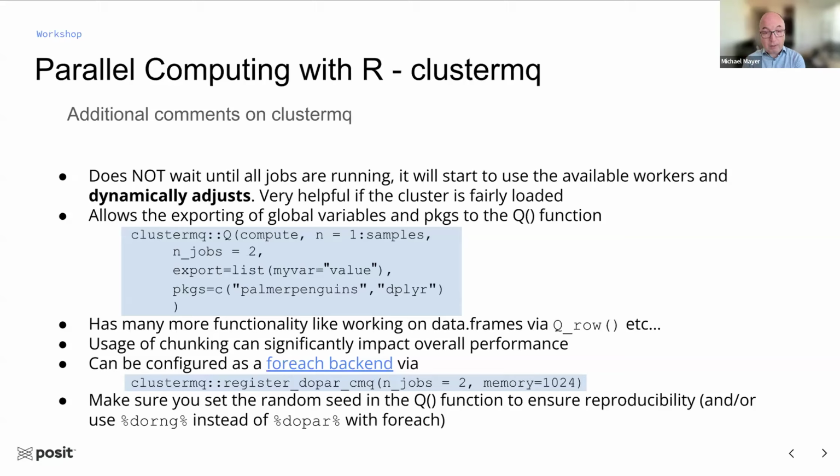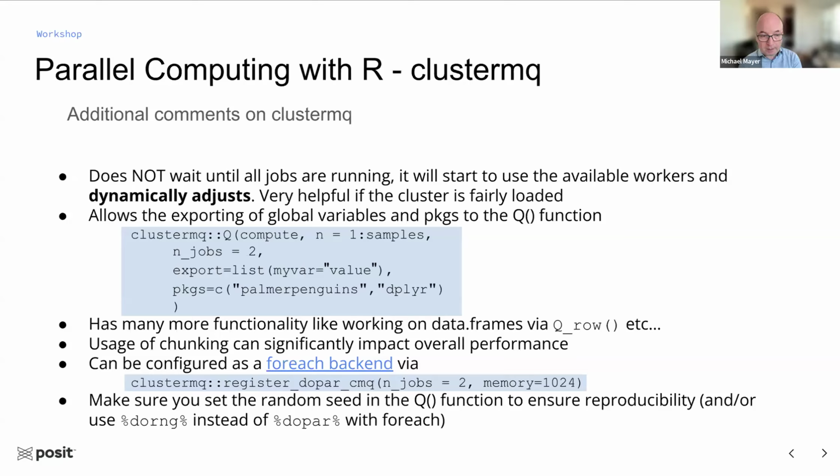Let me backtrack. Two more things to be aware of. Like I mentioned earlier, the package is doing a great job of setting up the R process on the remote server. By the templates, it finds the right R version ideally. But you also need to export some global variables that your function may need.